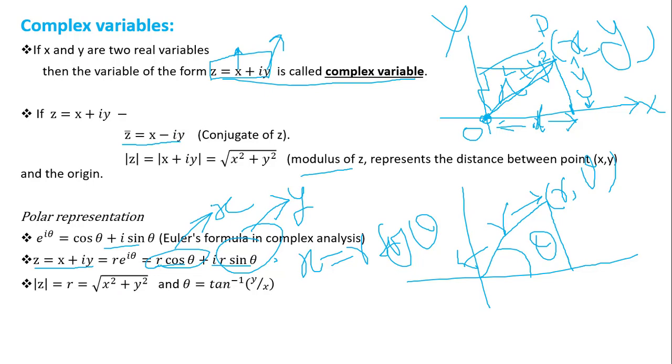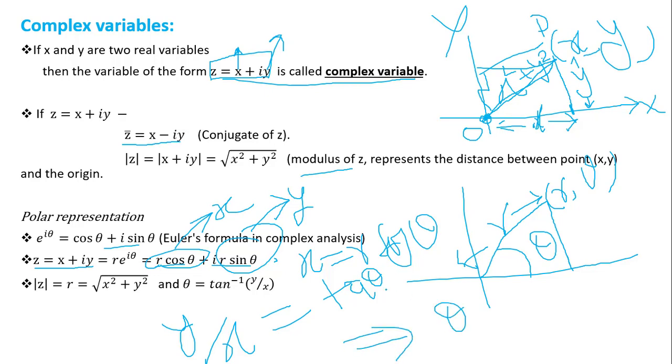Since we know x equal to r cos theta, y equal to r sin theta, y divided by x equals r sin theta divided by r cos theta. It will give us tan theta. So this implies theta equal to tan inverse of y by x. So this is how we represent in polar coordinates. I think it is clear now.